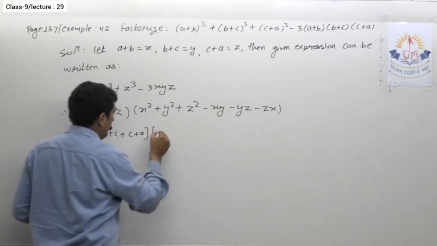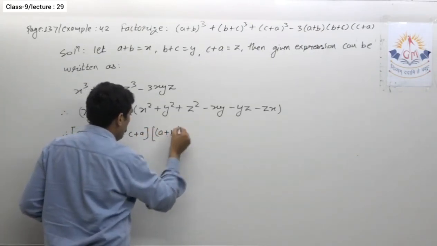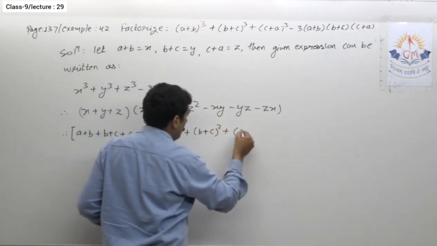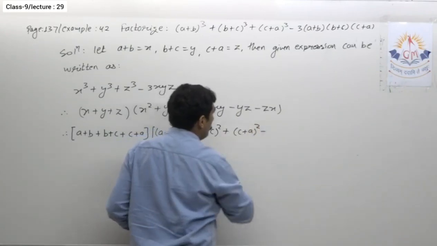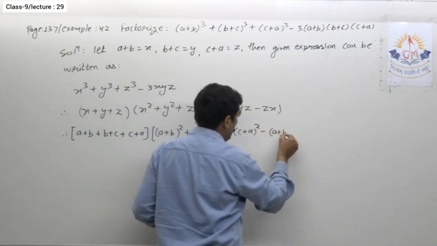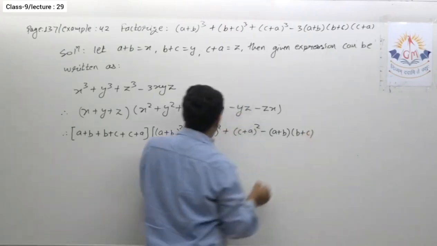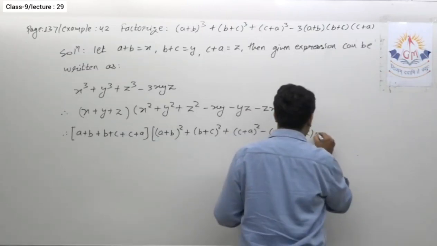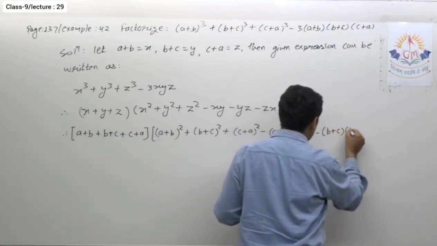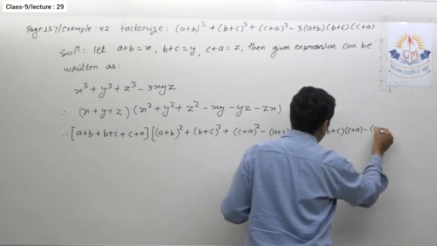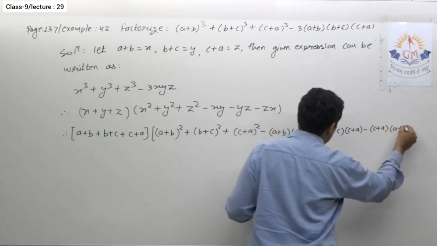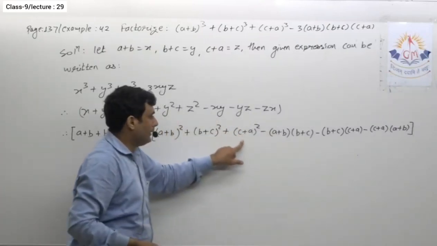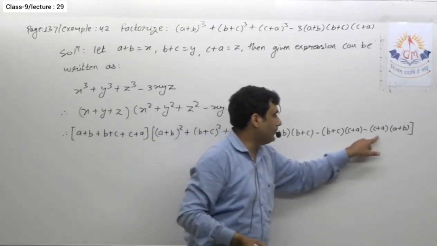Over here I write (a plus b) whole square plus (b plus c) whole square plus (c plus a) whole square minus (a plus b) into (b plus c), isn't it? X into y, so x is a plus b, y is b plus c, minus (b plus c) into (c plus a) minus (c plus a) into (a plus b). Okay, x square, y square, z square, x into y, y into z, z into x.